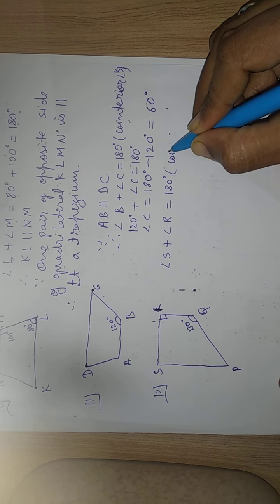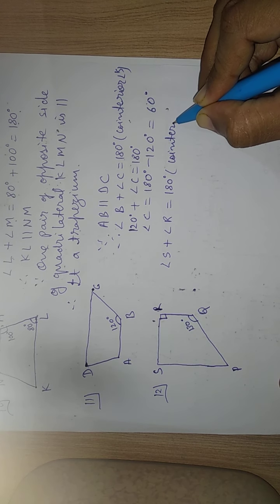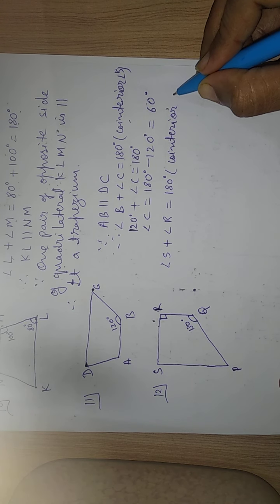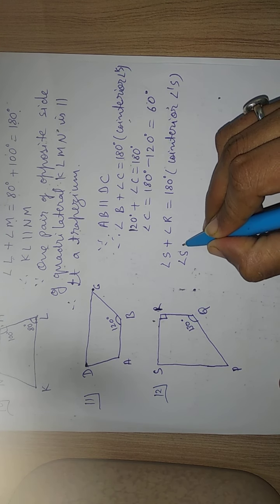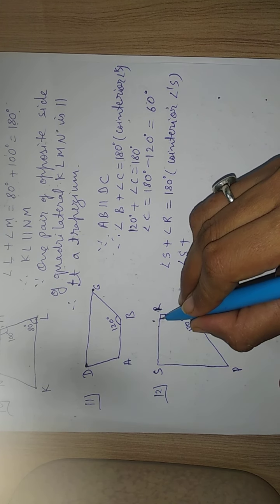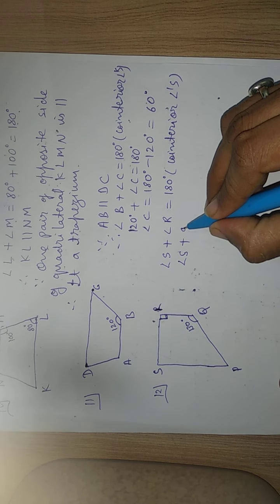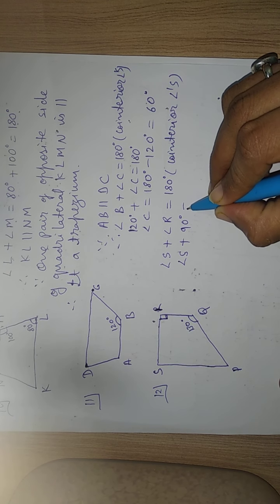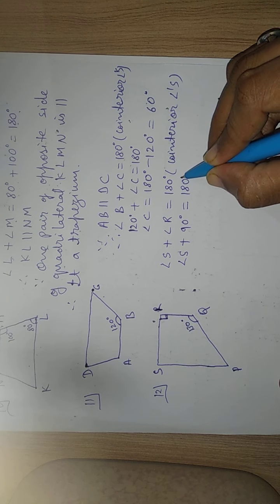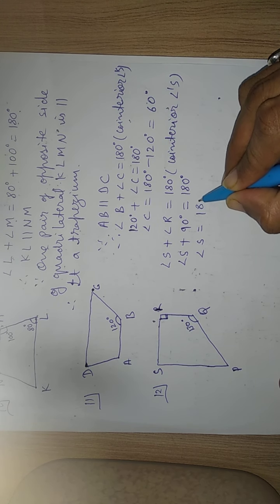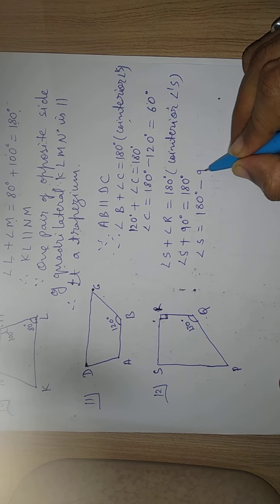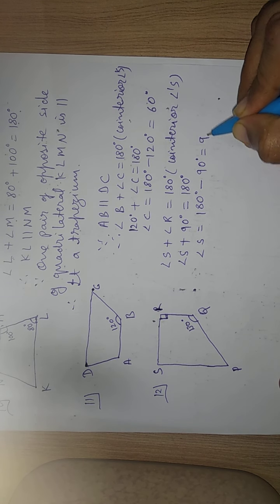Reason is co-interior angles. So angle R is equal to 90 degrees. This symbol represents a 90 degree angle. So angle S plus 90 degrees is equal to 180 degrees. So angle S is equal to 180 degrees minus 90 degrees, that is 90 degrees.